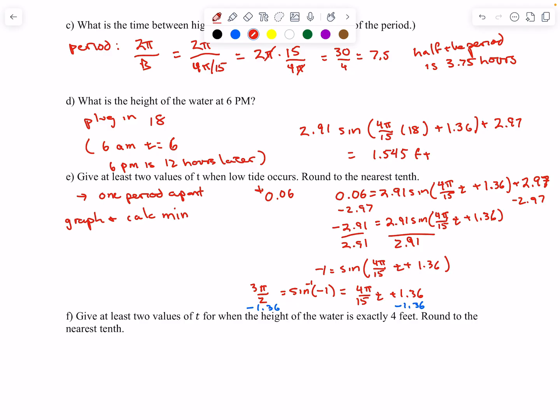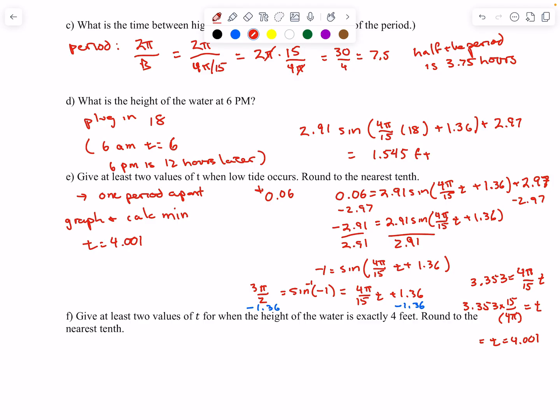So you get 3.353 multiplied by 15 over 4 pi. Don't forget to put parentheses around the 4 pi, and you get t equals 4.001. That's one of the times.